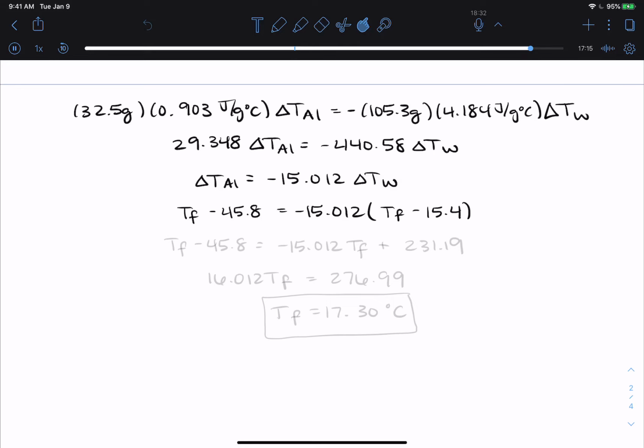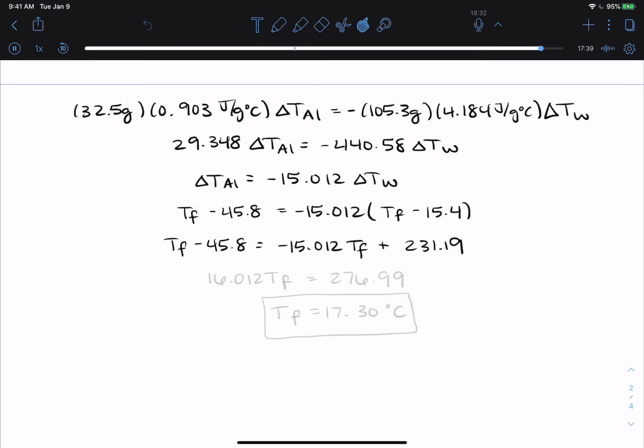So I still had to deal with this, but now I only have to distribute through one set of parentheses and not through both. So T final minus 45.8 equals negative 15.012 T final plus 231.19.